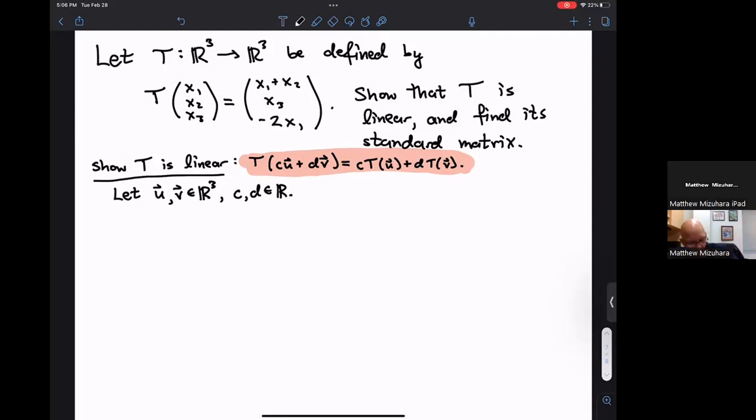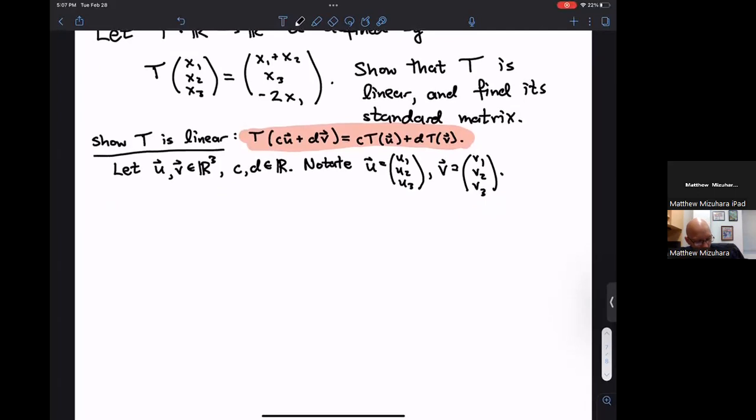And let's add notation. We'll say u is the vector u1, u2, u3, and v is the vector v1, v2, v3. We've seen this idea before. It often is helpful to introduce the actual notation so we can actually compute stuff.